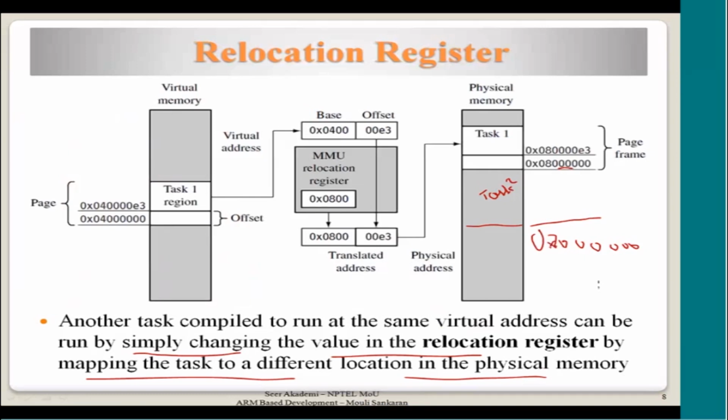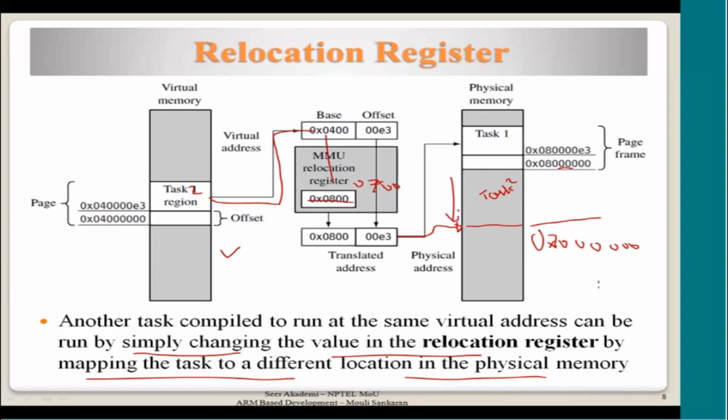Now what happens? T2 is also originally built assuming that this is the address, but it doesn't matter. Whenever T2 is running, this relocation register will be converted to this value. So whenever task 2 generates an address, it will be converted into 700,000, and then it will start accessing from this location.